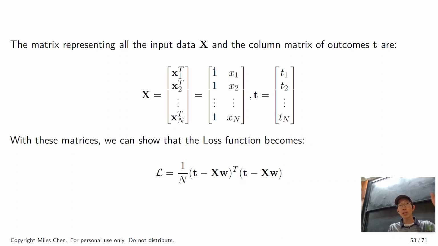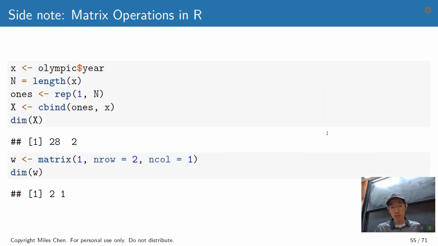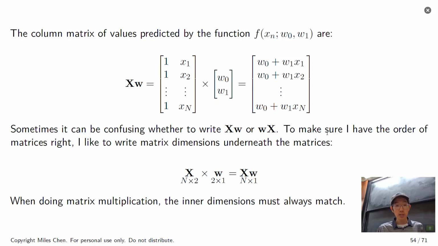So I'm going to have a column of 1s and then a column of all of my x values. Meanwhile, I have all of my target values, which are the actual outcome y values. And so our loss function will simplify to this: 1 over n times (t minus Xw) transpose (t minus Xw). Let me show you this on the next slide.